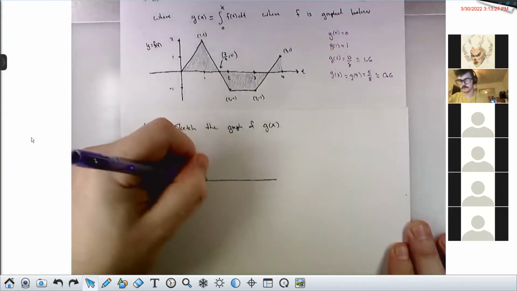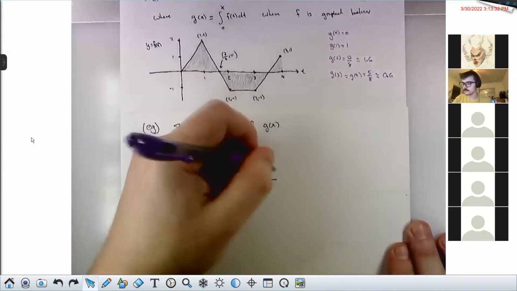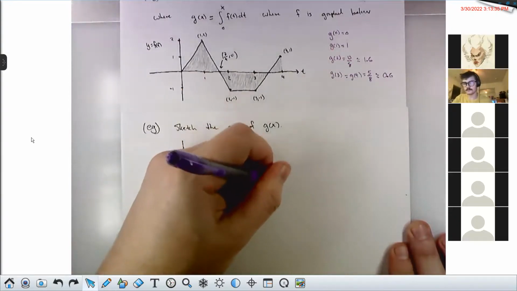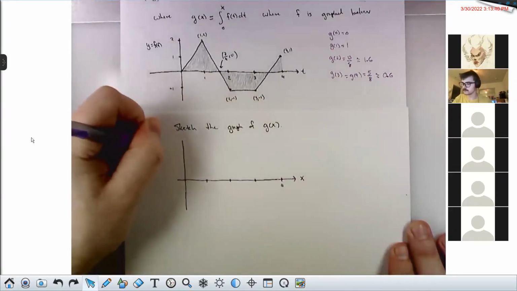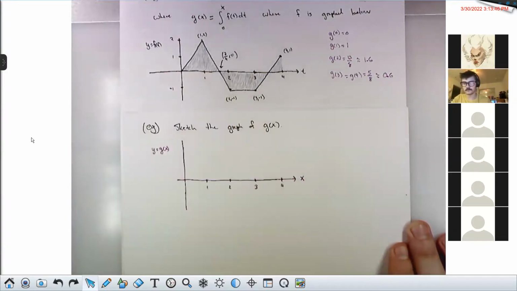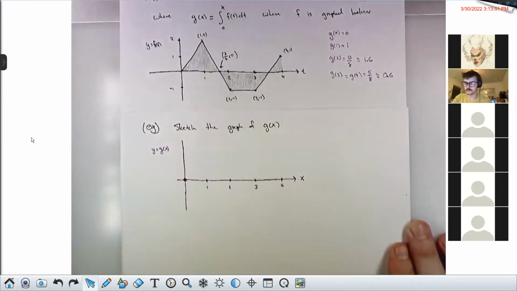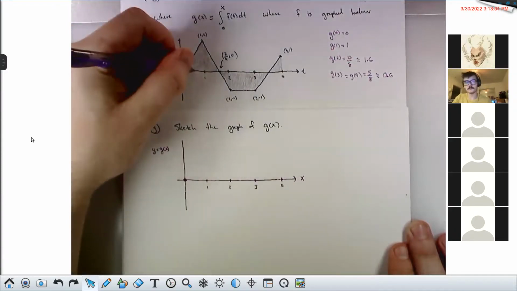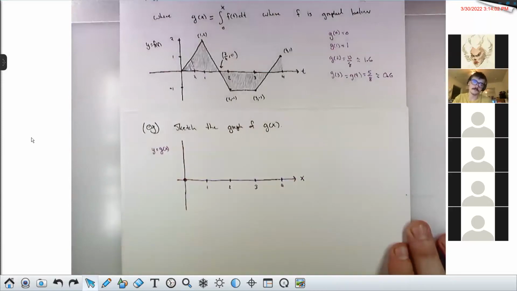Let's start by plotting points. We know that g of 0 is 0. That means the graph of g starts here at the origin. As x increases through here, the amount of area captured is increasing, and it's increasing quickly because f is itself increasing.